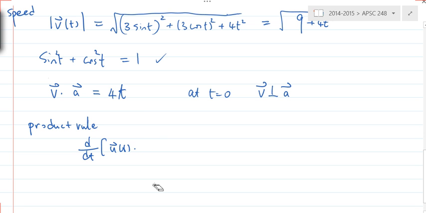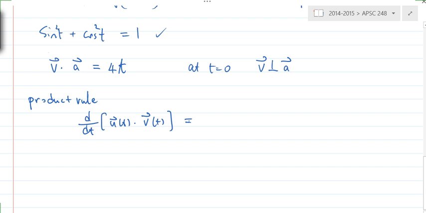So this is the dot product. In terms of similarity, it's the same thing. This is the dot product of two vectors, and then this is u prime of t. Prime also refers to the derivative. Usually what I generally see in other courses, there are three ways of writing a derivative: y prime, y dot, and dy over dx, let's say y is a function of x.